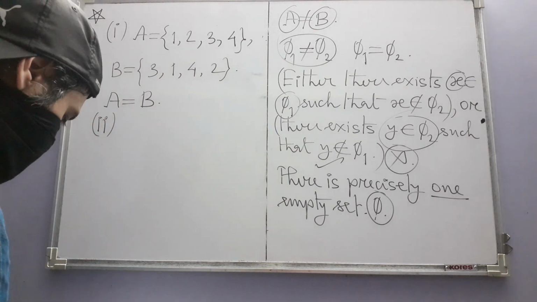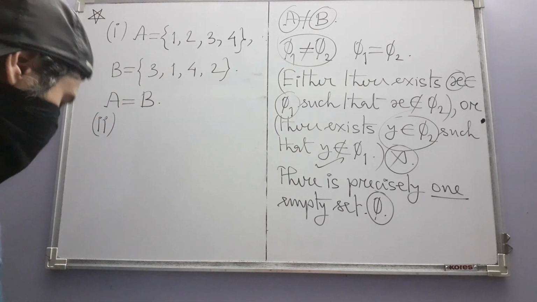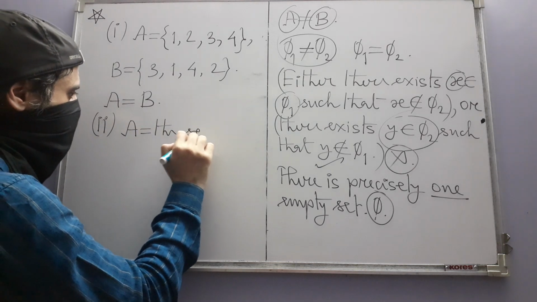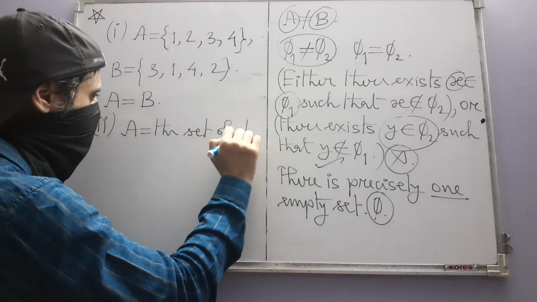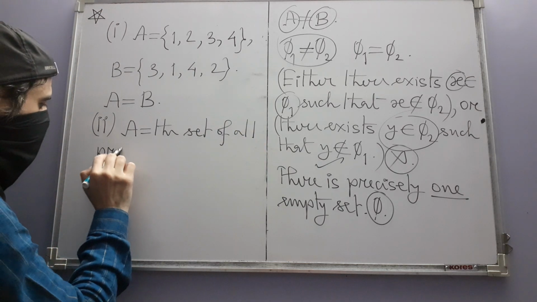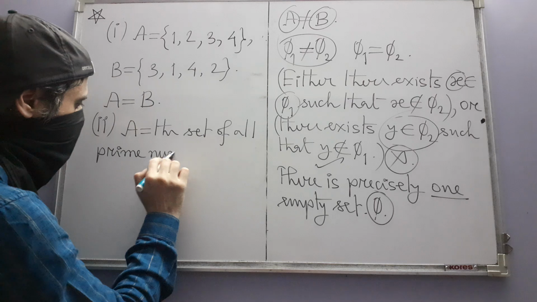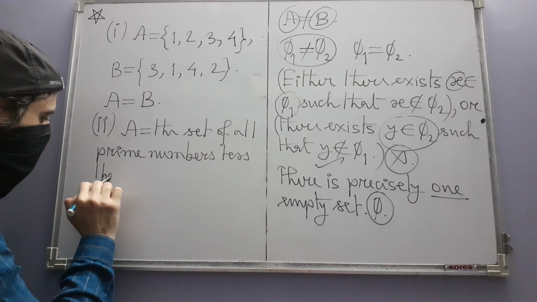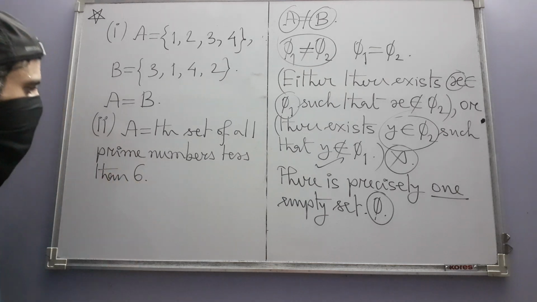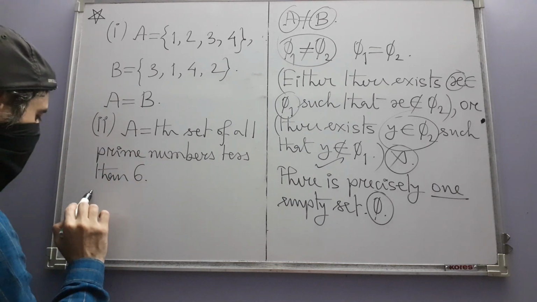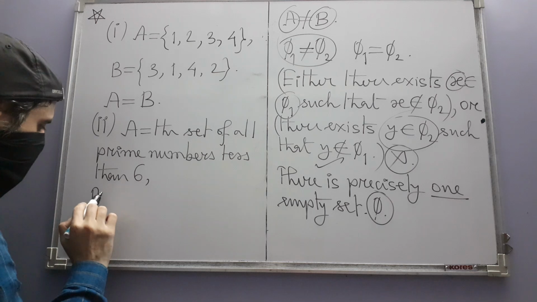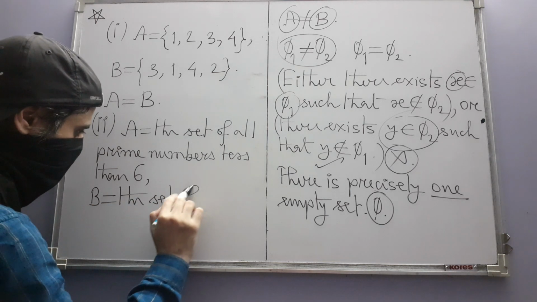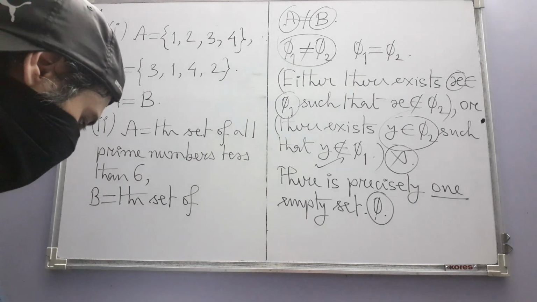And there is another one. A is the set of all prime numbers less than 6, and B is the set of all prime factors, I think.